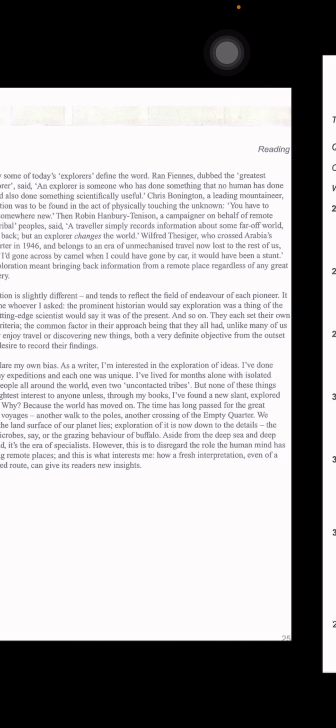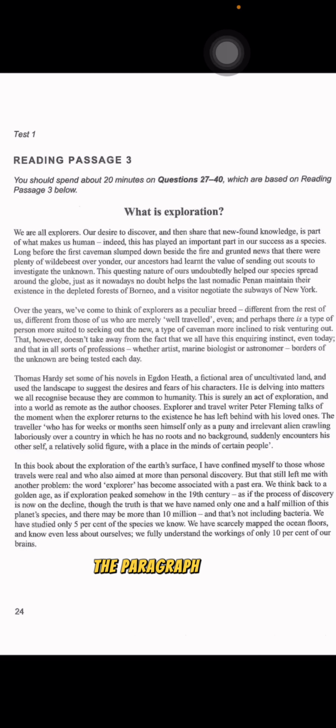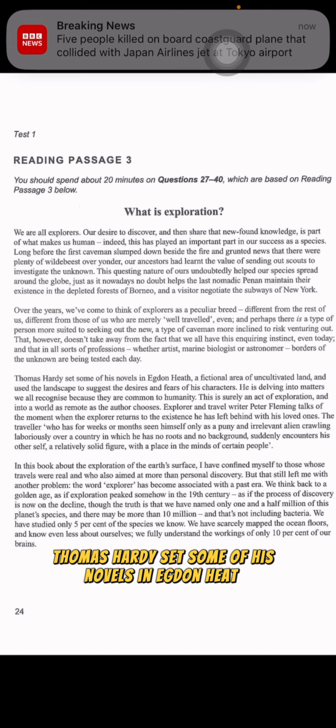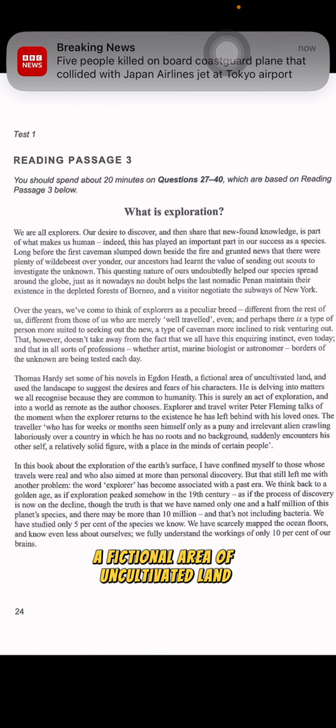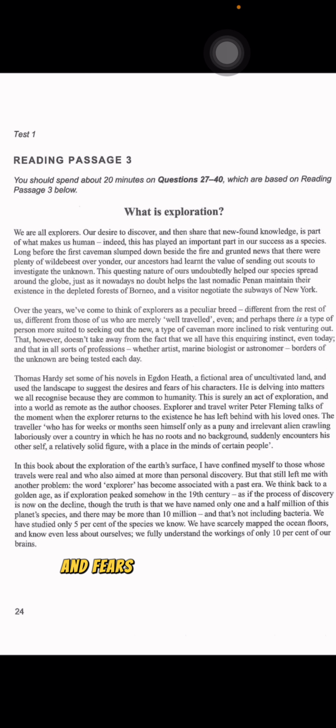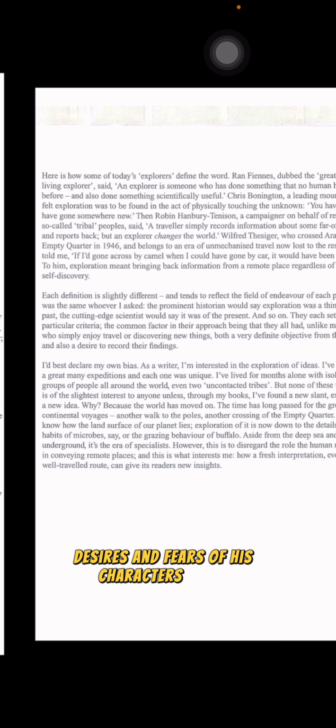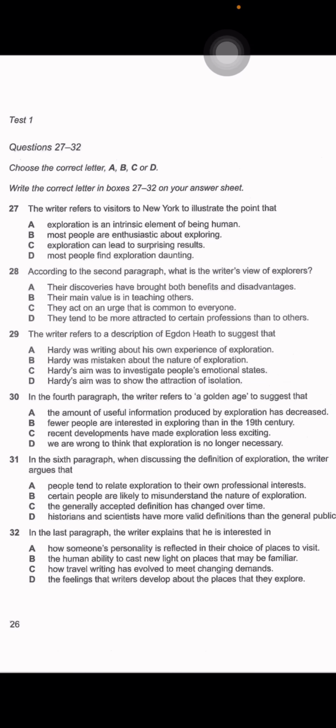That's because the paragraph says Thomas Hardy set some of his novels in Egdon Heath, a fictional area of uncultivated land, and used the landscape to suggest the desires and fears of his characters. Desires and fears of his characters means Hardy's aim was to investigate people's emotional states, desires and fears, people's emotional states.